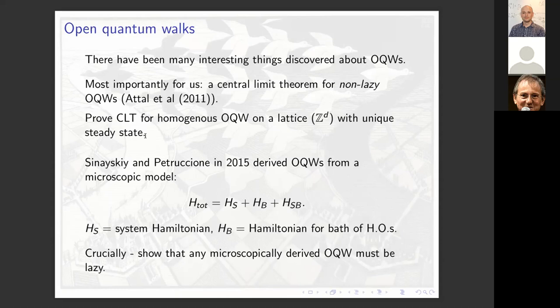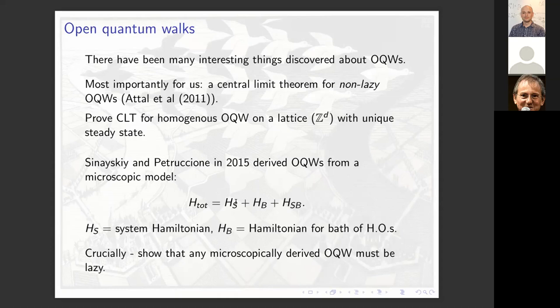And then in 2015, again Ilya and Francesco achieved a microscopic derivation of these open quantum walks. They derived these OQWs from a microscopic model. Basically, they wrote down a total Hamiltonian to describe everything that's going on.